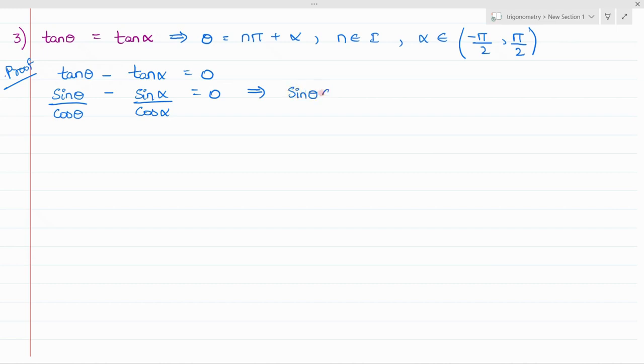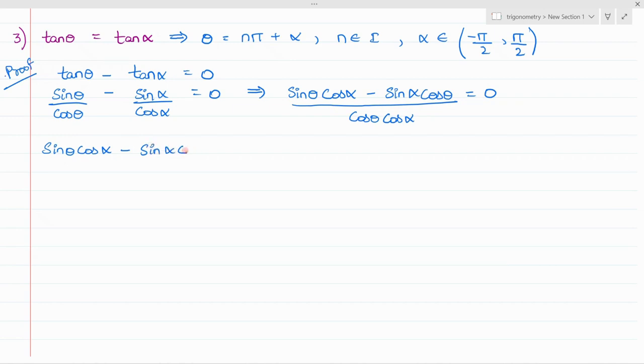We can write sine theta cos alpha minus sine alpha cos theta by cos theta cos alpha equal to 0, so sine theta cos alpha minus sine alpha cos theta equal to 0.